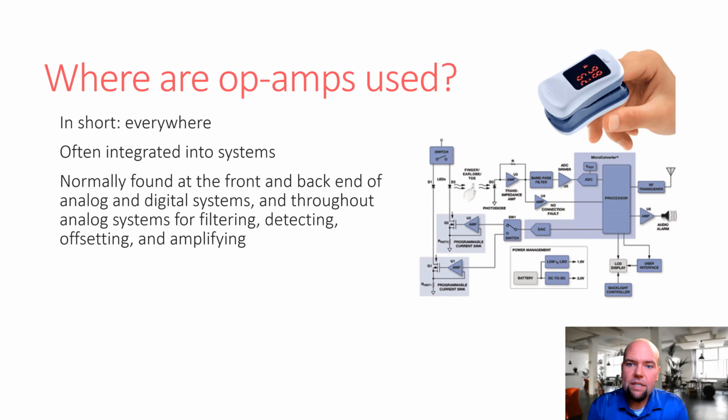We use an op-amp to receive the input signal of the light transmitted through your finger. We use an amplifier to filter that. We use an amplifier as a preamplifier for an analog to digital converter on a digital system. And we use an amplifier to drive an alarm, a little tone signal on this pulse oximeter. So a portable pulse oximeter is a fairly modern device. They're not going anywhere. We still use them all the time.